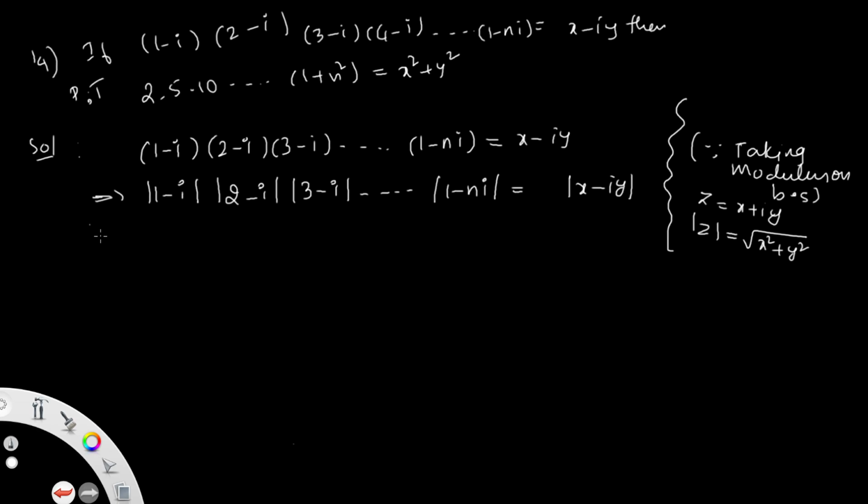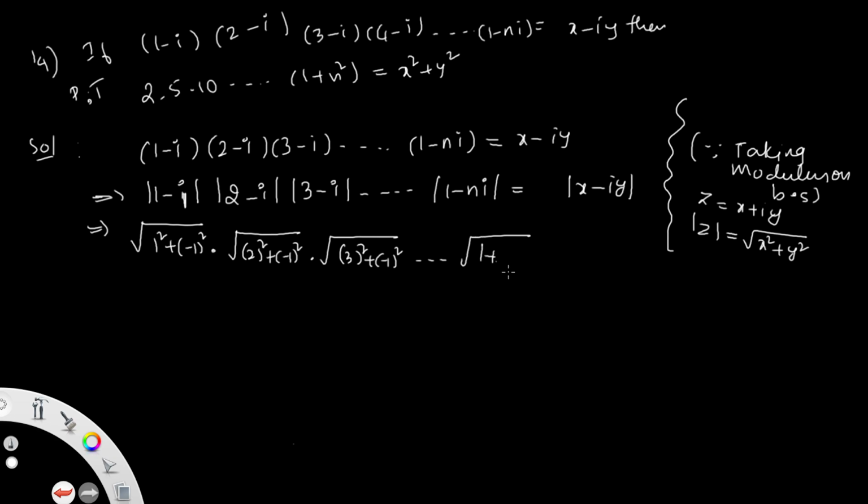So now substitute in the modulus: 1 square plus, don't write it as minus, write it as minus 1 whole square. Only the i coefficient you should take. So that is 2 square plus minus 1 whole square, and for this 3 square plus minus 1 whole square, and so on, up to 1 plus n whole square, equals root over x square plus minus y whole square.